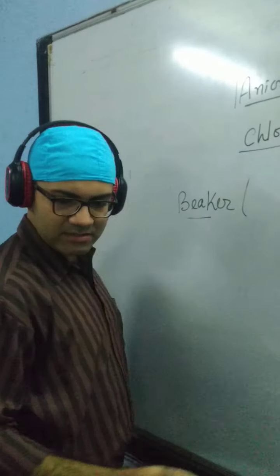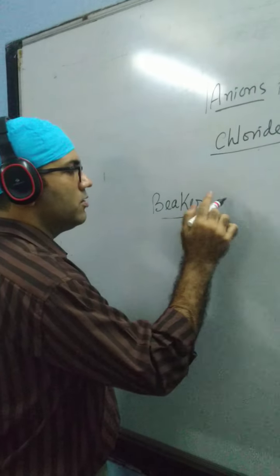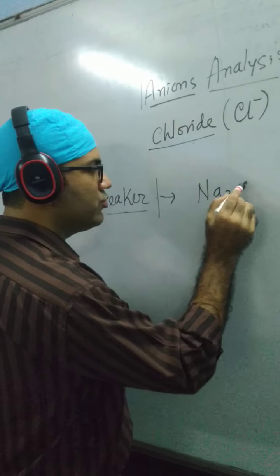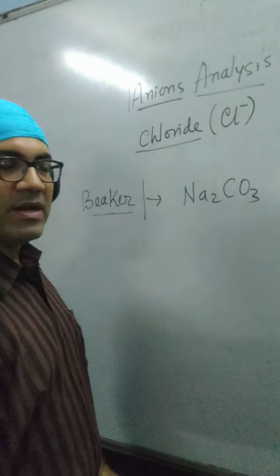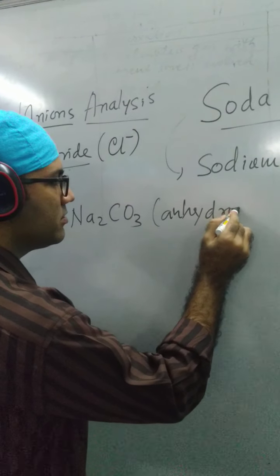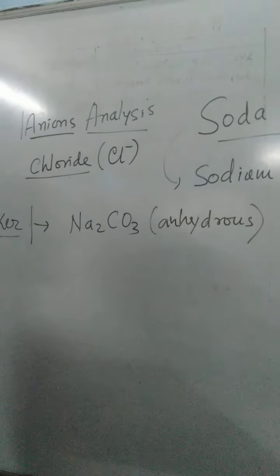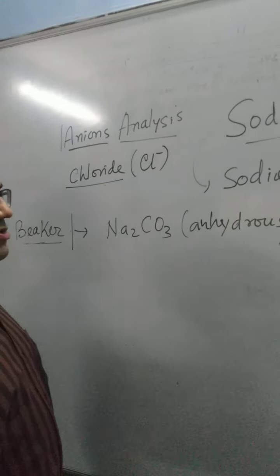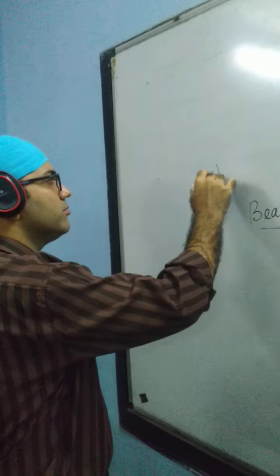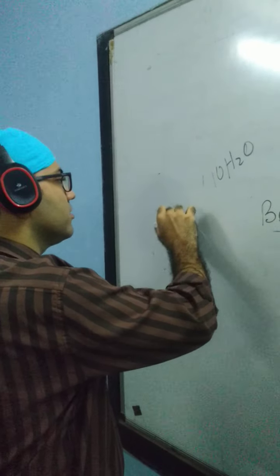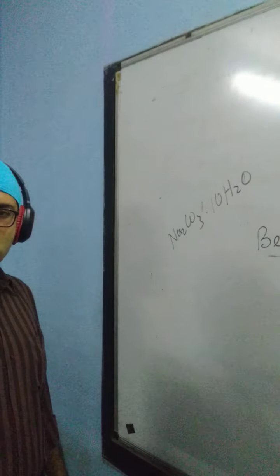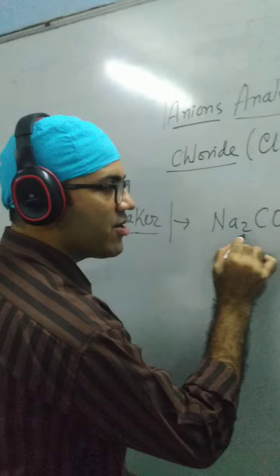We will take a beaker. Within this beaker, we will add sodium carbonate, Na2CO3, anhydrous. Sodium carbonate sometimes contains 10 water of crystallization, Na2CO3 dot 10H2O, washing soda, but here we will take anhydrous sodium carbonate.